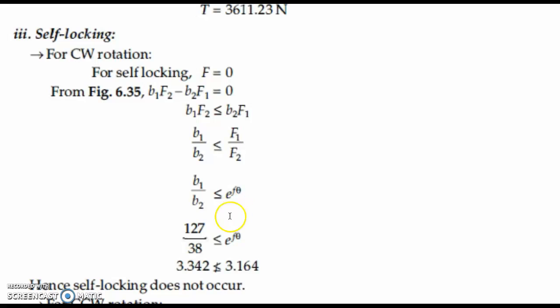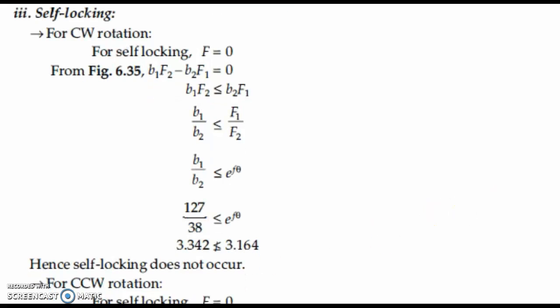For the self-locking condition, e raised to mu theta is equal to 3.164, which we already calculated. If we substitute the value of B1 by B2, that is 127 divided by 38, the value becomes 3.348. That is not less than the e raised to mu theta value. It is greater, so self-locking will not occur.